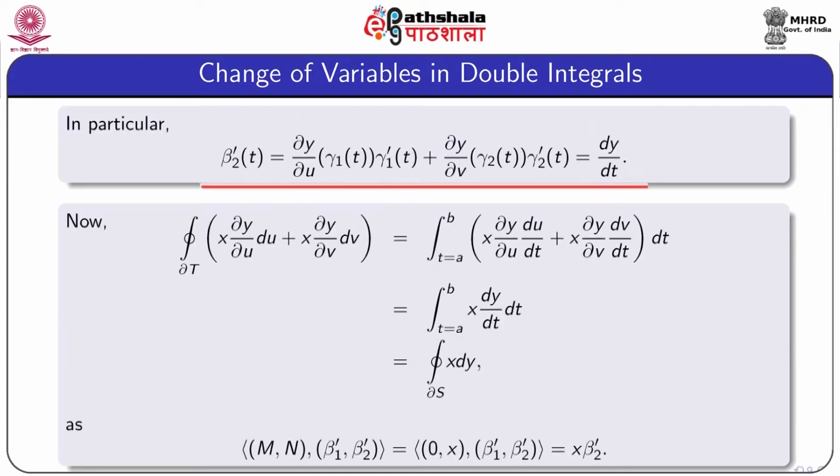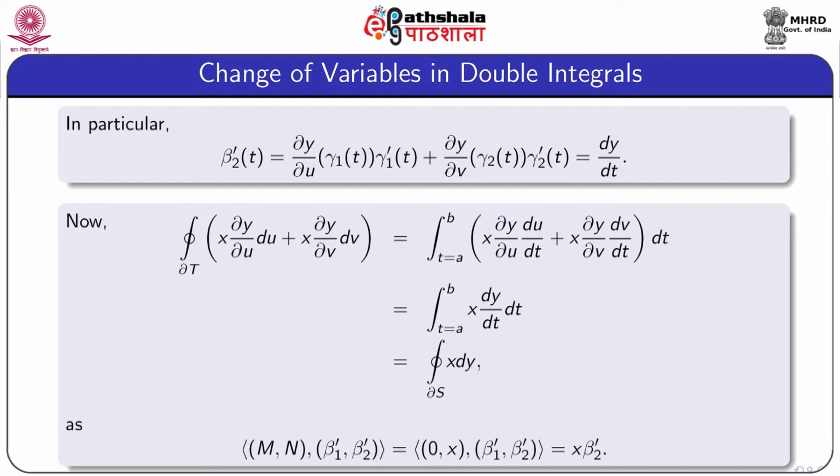In particular, beta 2'(t) equals ∂y/∂u gamma 1'(t) plus ∂y/∂v gamma 2'(t), which is nothing but dy/dt. So, the integral over ∂T of x ∂y/∂u du plus x ∂y/∂v dv equals the integral from t equals a to b of x dy/dt dt. So, it is the integral over ∂S of x dy.